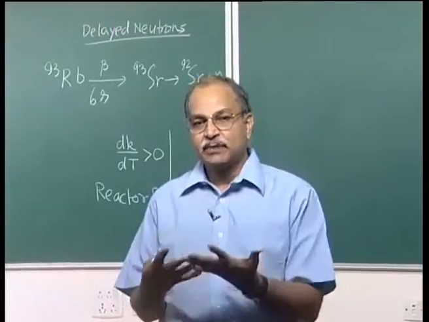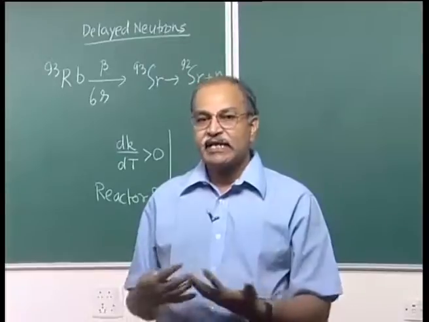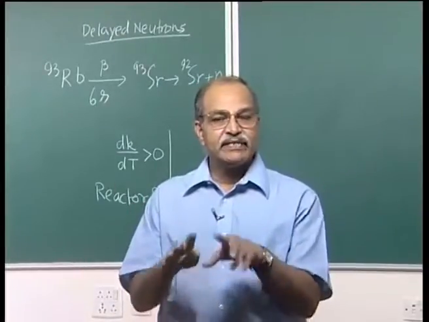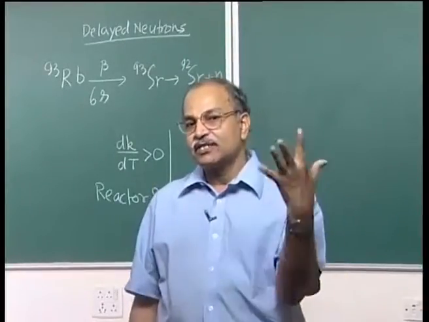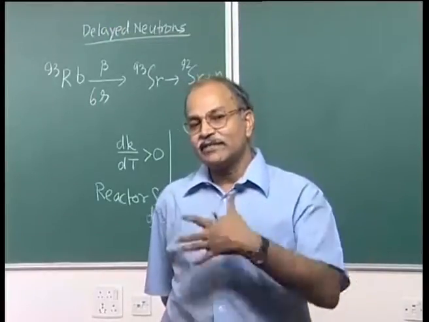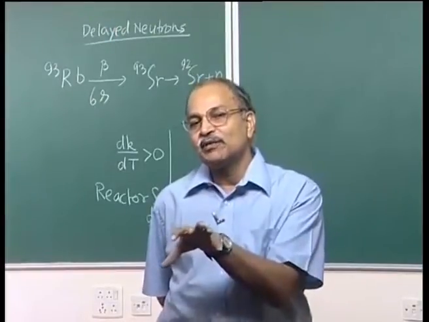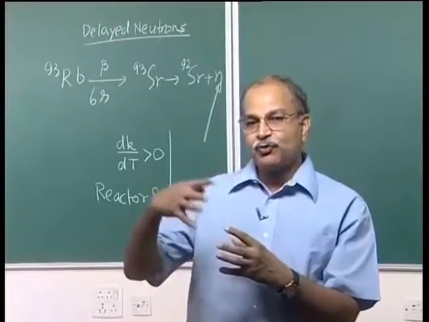When fission takes place, all the kinetic energy of the fission fragments and the neutrons is finally absorbed in the core volume itself, and that increases its temperature. So, we say that heat, or thermal energy, is generated; that is the primary output in the core volume itself.